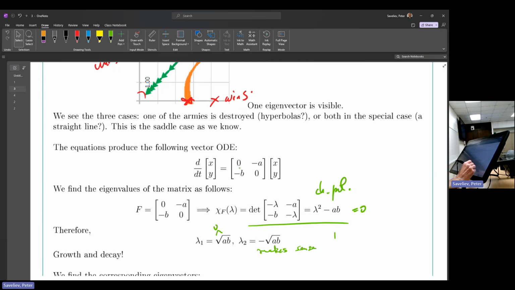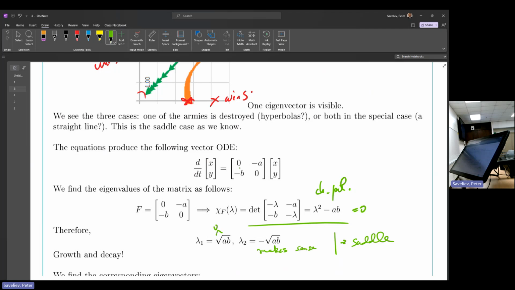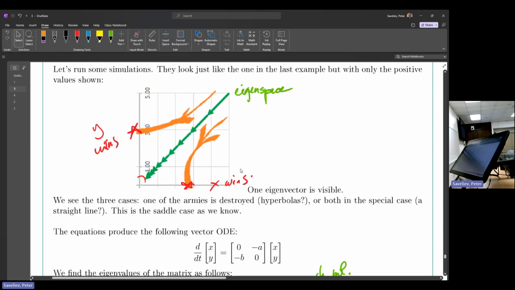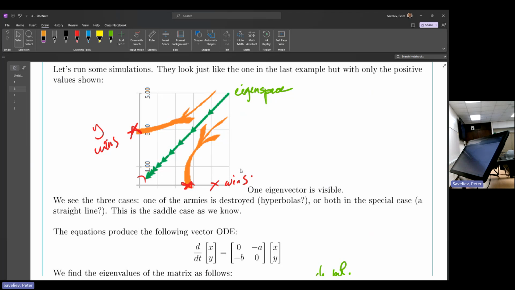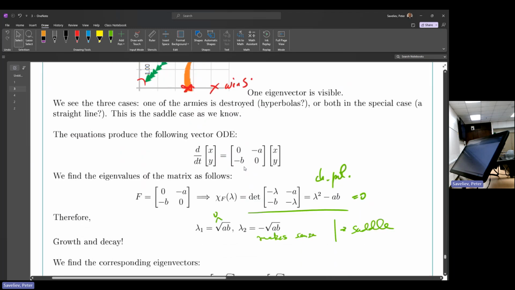The good news is that everything makes sense. It is once again a saddle, a semi-stable equilibrium, and so we have the picture. The similarity with the last example is not coincidental. No matter what A and B are, the numbers will give us the picture that we see.